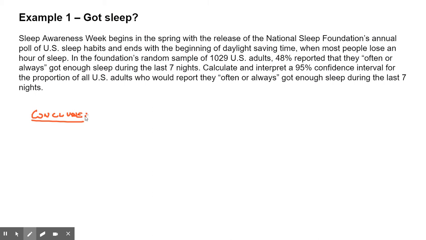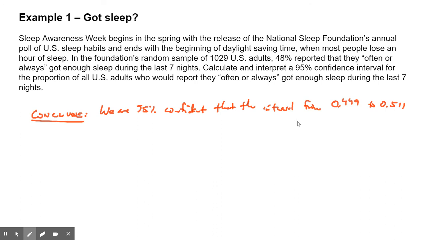Now we go back to section 7.1 and we say we are 95% confident that the interval from 0.449 to 0.511 captures the, and now we just restate what we stated, captures the true proportion of all U.S. adults who would report.